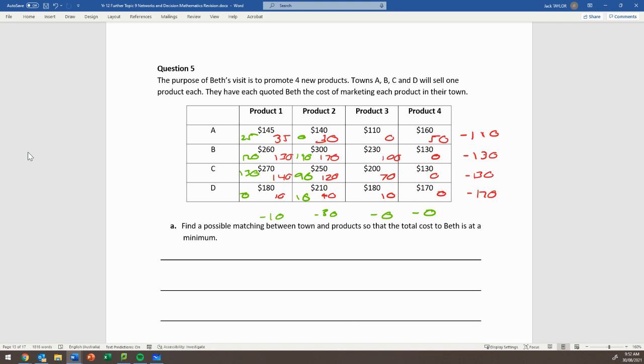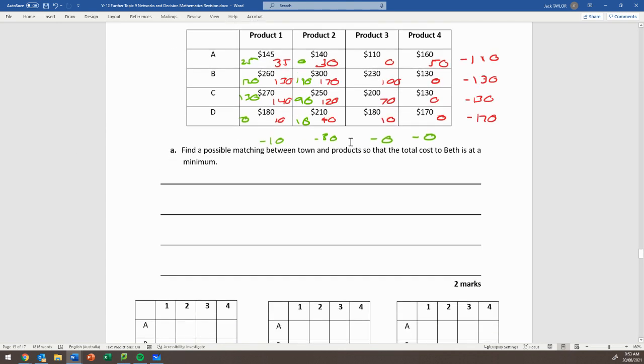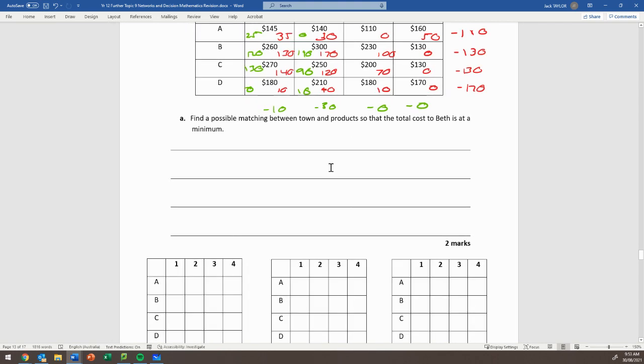All right, so can I do it in minimum 4 lines? Nope, I can do it in 3. So I'm going to have to apply the whole Hungarian algorithm process here. So I'm going to rewrite this down in one of my tables down here.